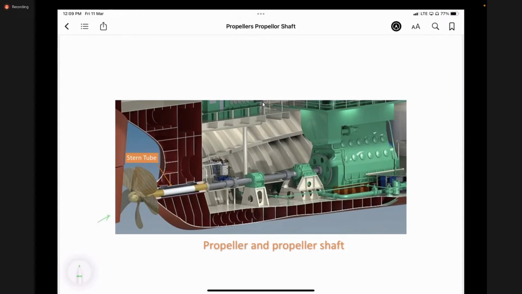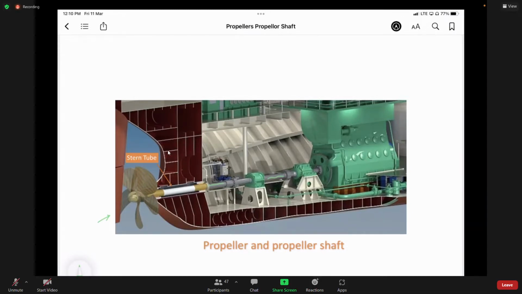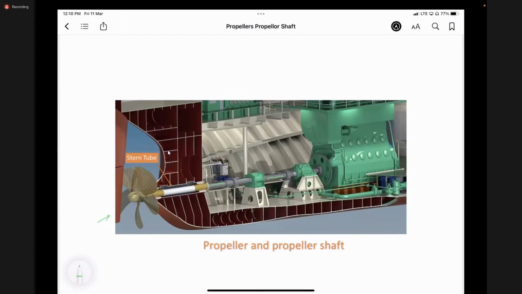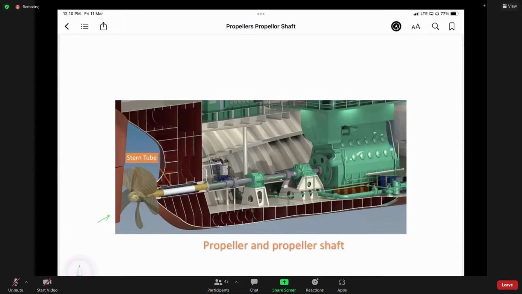The propeller is connected to the shaft, and after a few mechanisms, some intermediate machineries are there, because we are interested in having some sensors, because we want to measure the torque, the RPM, and so on. Many different parameters we want to know. But eventually the propeller is connected to the shaft. The shaft is connected to the engine.